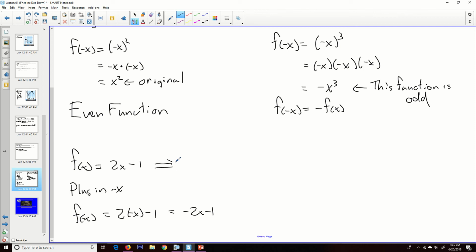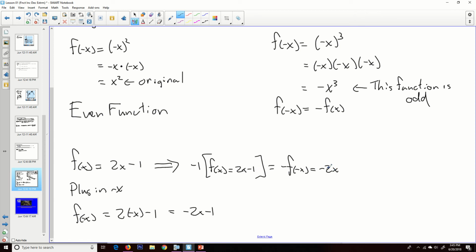And if I multiply negative 1 times f of x, I make the f of x negative, and I have to distribute a negative to both of those terms as well.